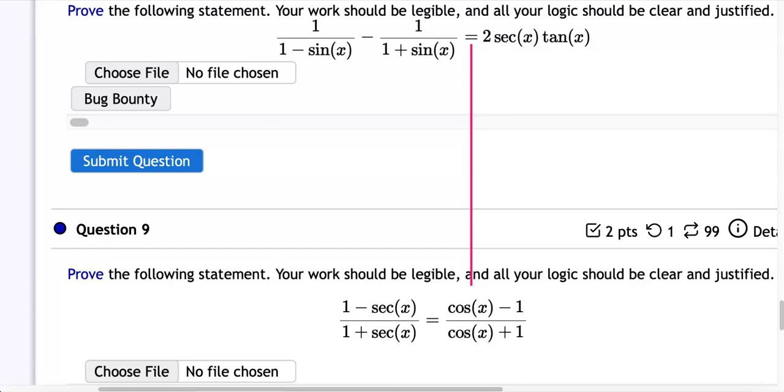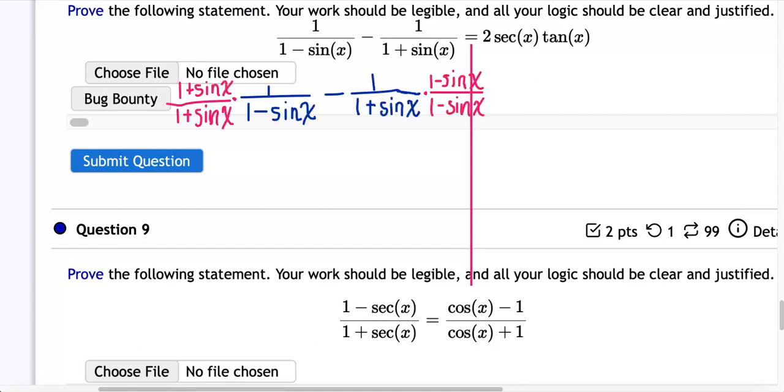And now we would need to rewrite these fractions. And so I wrote the line completely again and then multiplied each fraction by what I need to multiply it by in order to get that common denominator of 1 plus sine x, 1 minus sine x. And so then that leaves us with one big fraction.